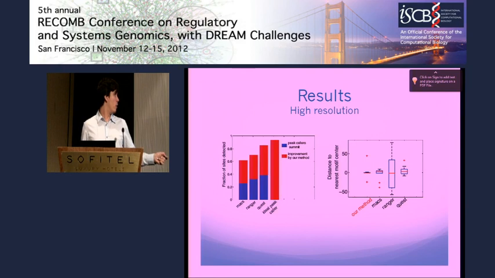When you use our model, we are able to identify most of the sites that are missed by the peak callers. In addition, on the right plot, the whisker plot shows our method provides binding sites at high resolution.